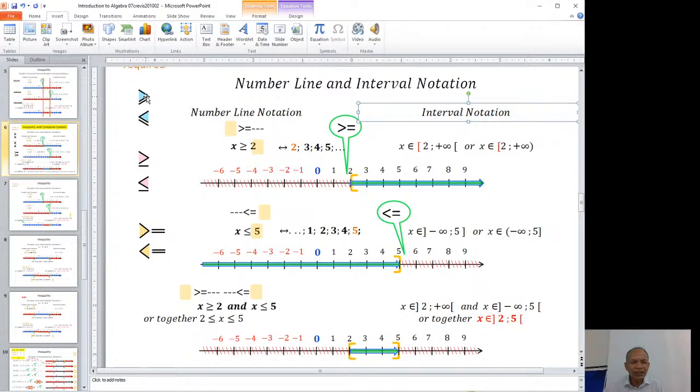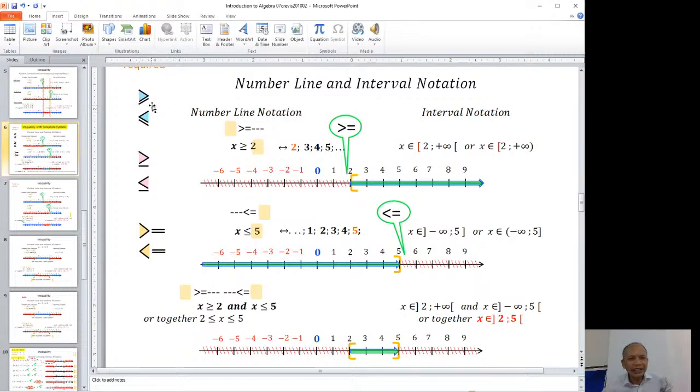The above symbol means bigger than or equal, and the one below means smaller than or equal. We read from left to right, so the number on the left is bigger than or equal to the number on the right above, and below, the number on the left is smaller than or equal to the number on the right.